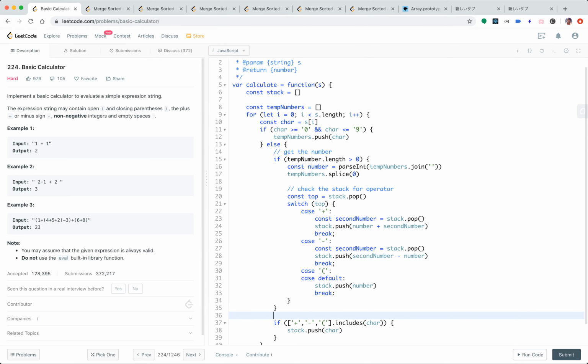Actually, there is nothing. Actually, the parenthesis is here. Wait a minute. Non-negative integers. So actually the parenthesis doesn't matter, right?